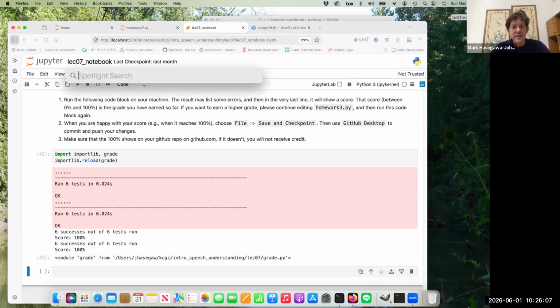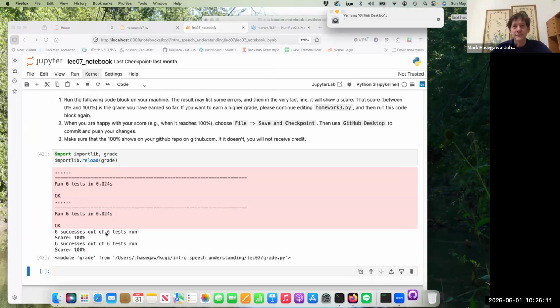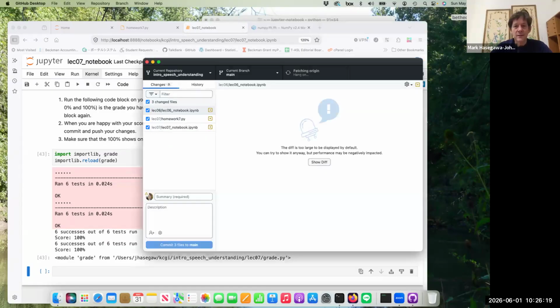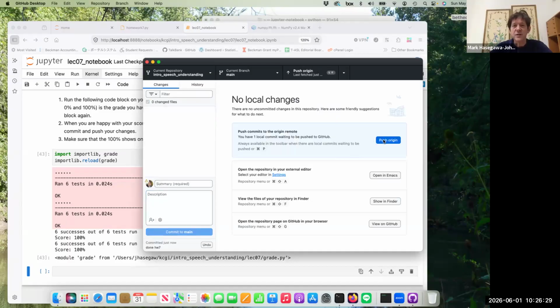All right, so let's go ahead and check it into GitHub. All right, we'll check in homework 7. The diff is too large to be displayed, but we can push it to origin.